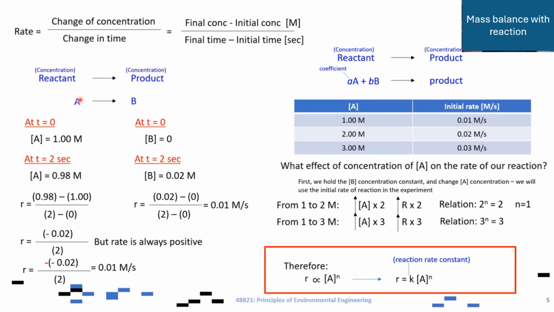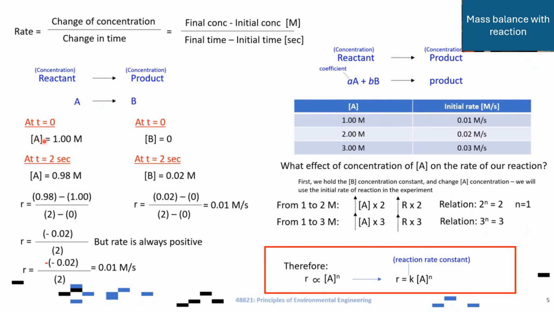Let's say that the reactant concentration is A and the product concentration is B. At time zero, the initial time, let's say the concentration of A is 1 molar. This is still at the reactant stage. The product at time zero is still zero because it's not reacting.